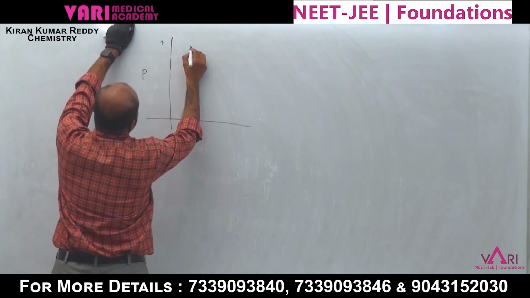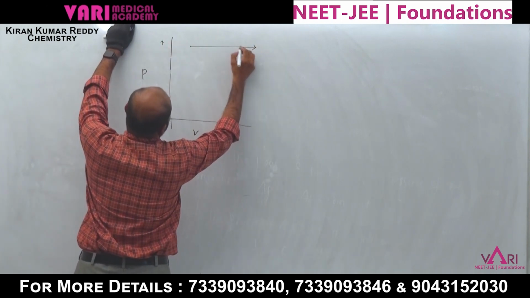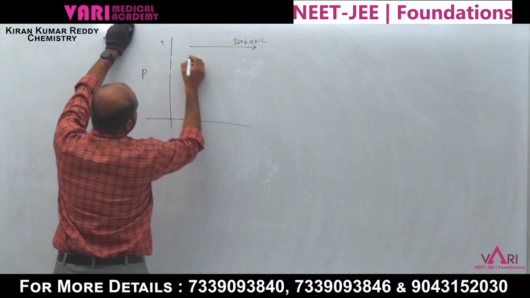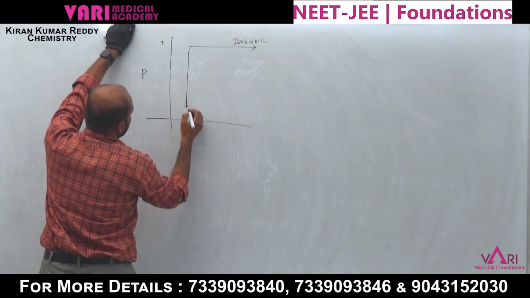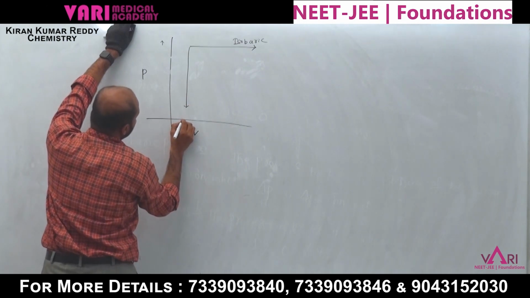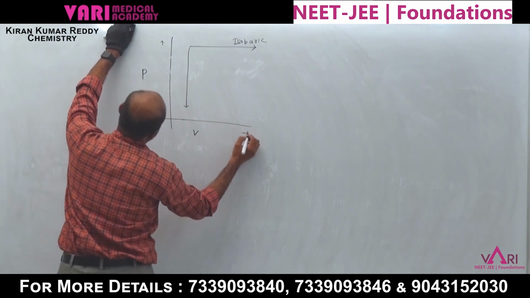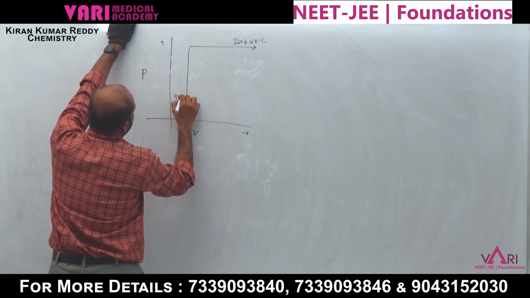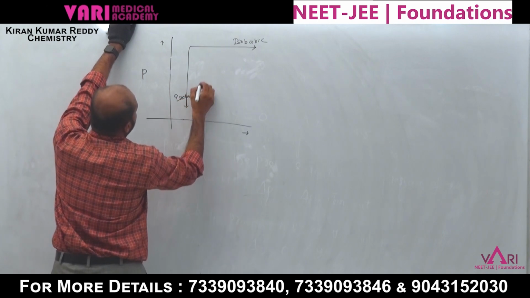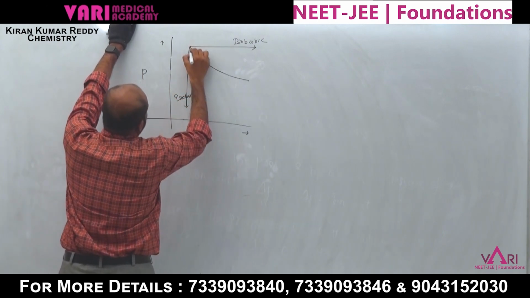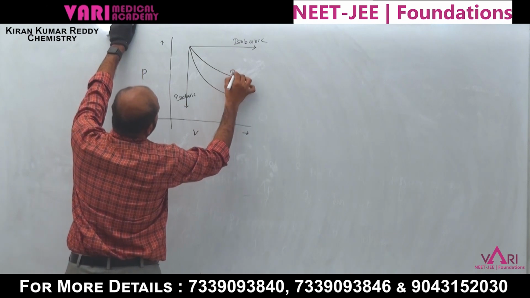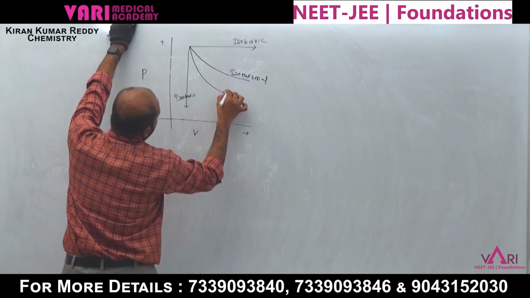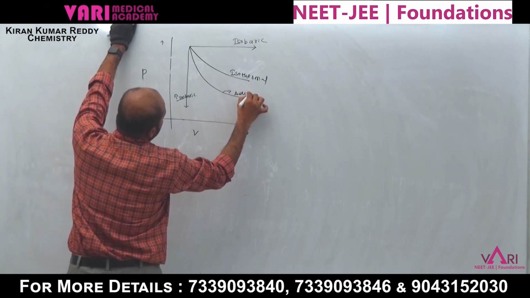This one is the isobaric process. Here volume increases, and here volume is less, which means isochoric. Now this curve is the isothermal process, and this one is the adiabatic.